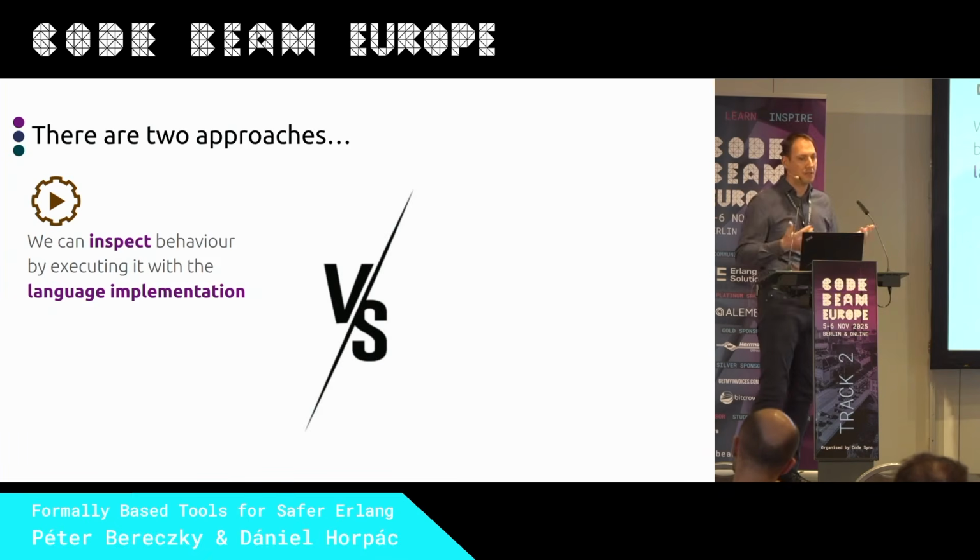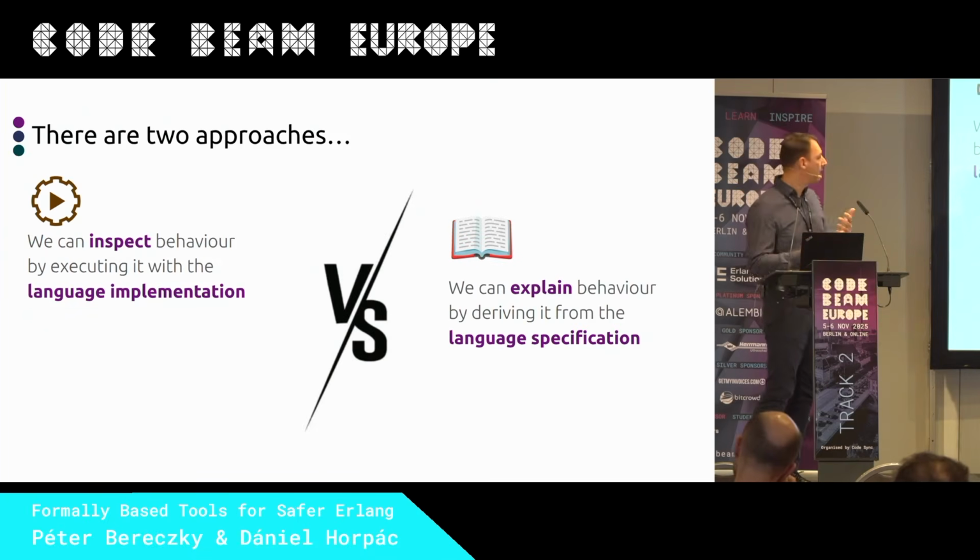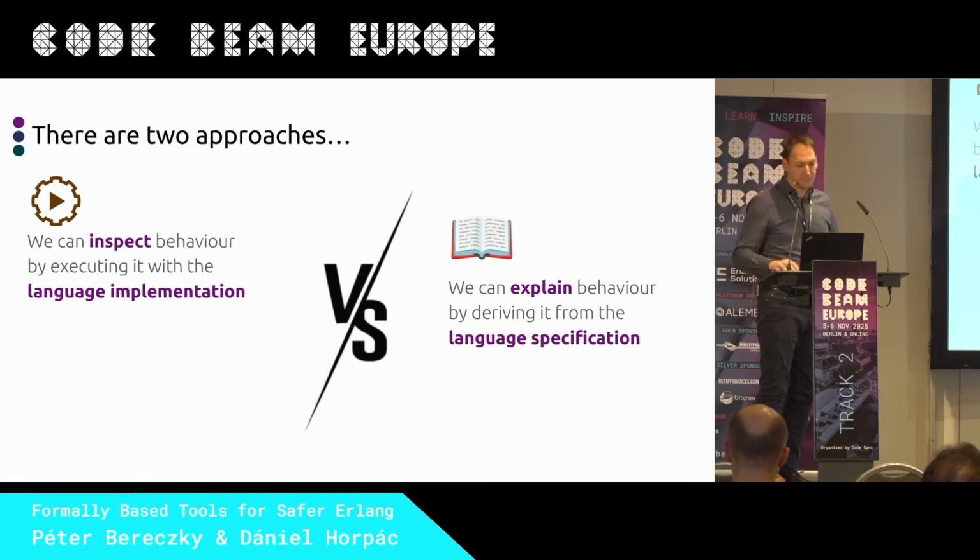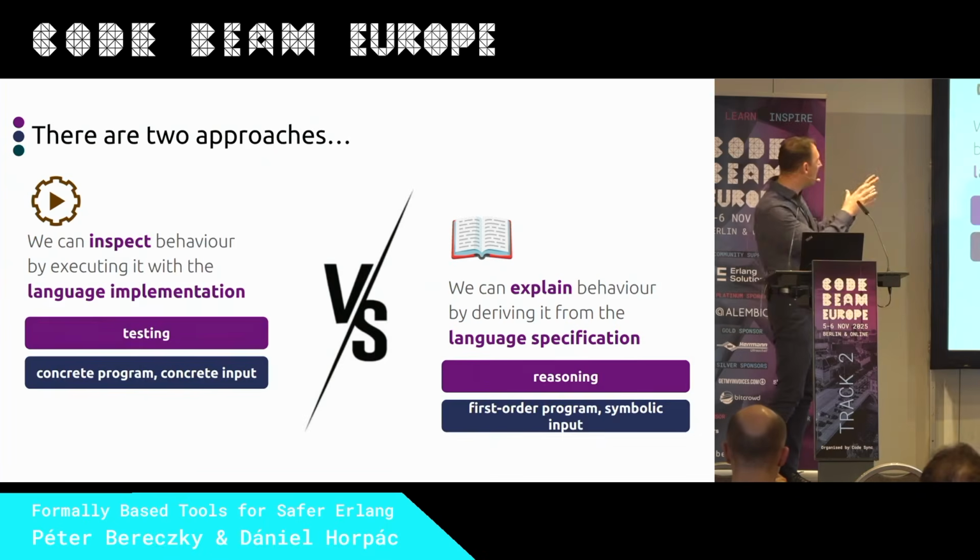With testing, we can never ensure that there are no errors. Whereas if we use the language specification or the documentation, what we do is explain the behavior. Rather than inspecting it in various cases, we explain, we deduce. So I would say that the first approach is testing, and the second approach would be named reasoning.